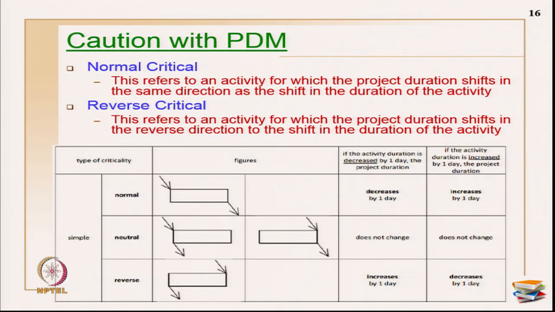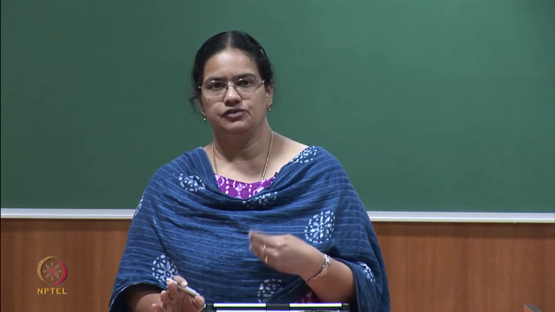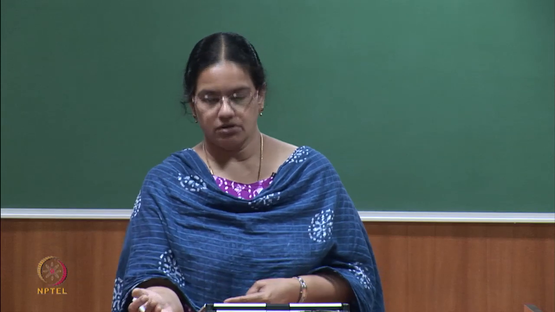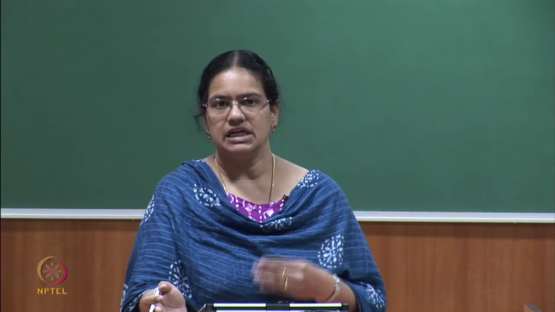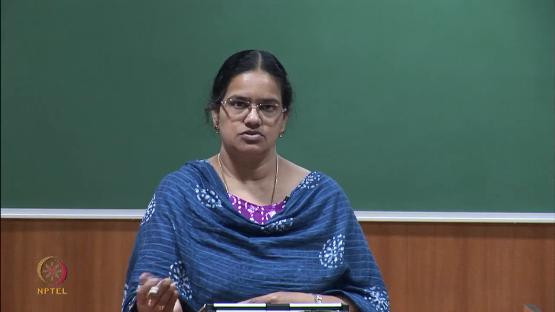So, whatever changes you make on the critical activities, the project duration will reflect accordingly. If you reduce it by 1 day, project duration also will reduce by 1 day. If you increase the activity duration by 1 day, project duration will also increase by 1 day. That is what a normal critical is.